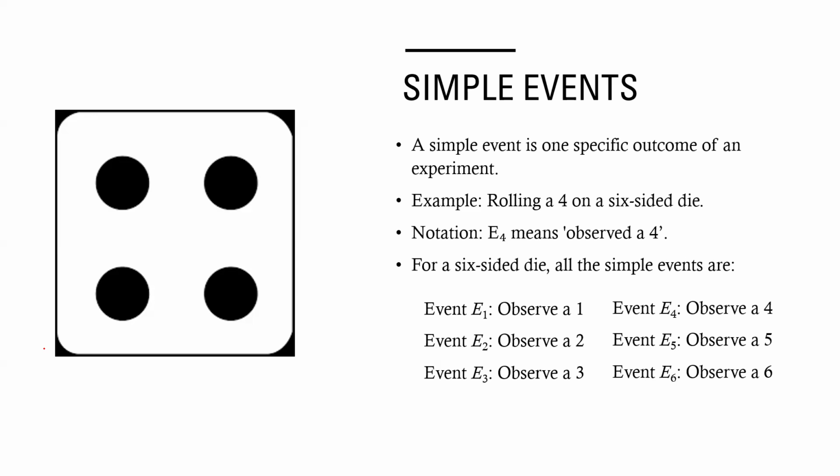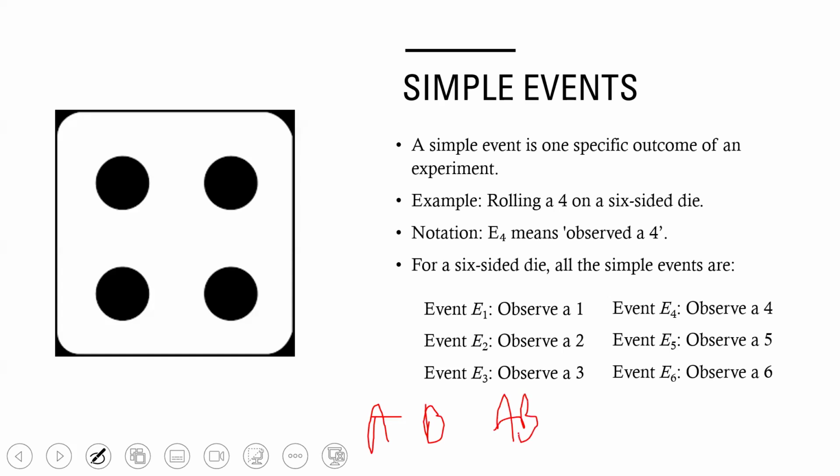In real-world terms, if we check whether a customer made a purchase or not, then the simple events might be purchase and no purchase. If we ask for a person's blood type, then each of the blood types, A, B, AB, and O, are the simple events. These are the building blocks of the sample space.